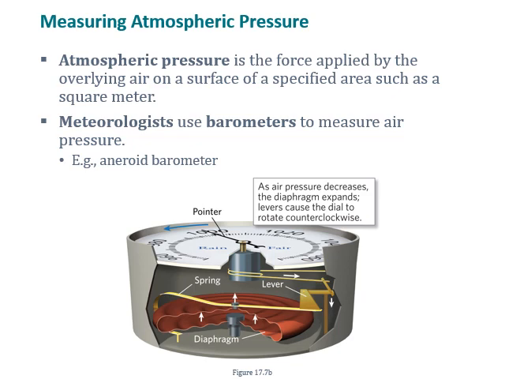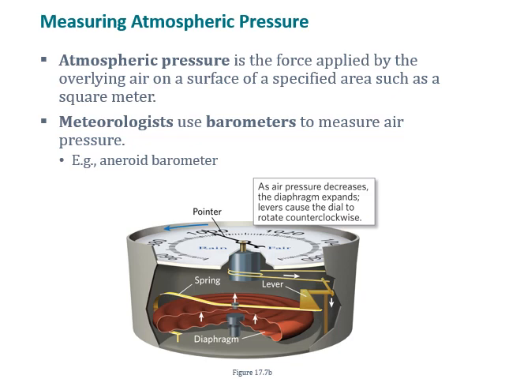So in this case, as air pressure decreases, the diaphragm, the red balloon or disc-shaped item in the figure, expands like a balloon, and levers cause the dial to rotate in the direction of decreasing pressure. As pressure increases, the diaphragm shrinks, and those levers cause the dial to move in the opposite direction.